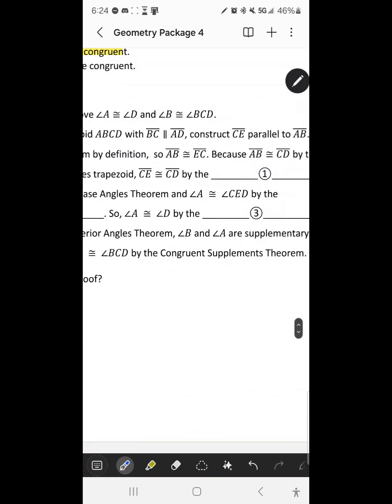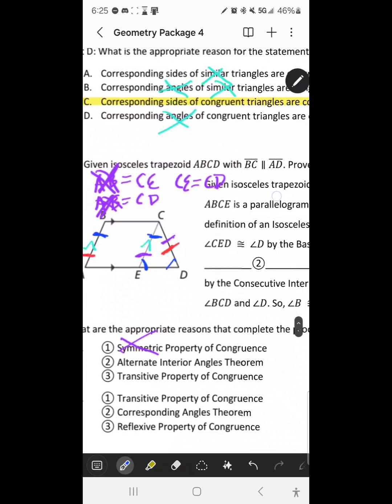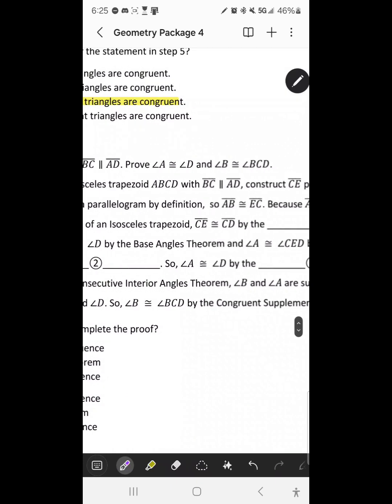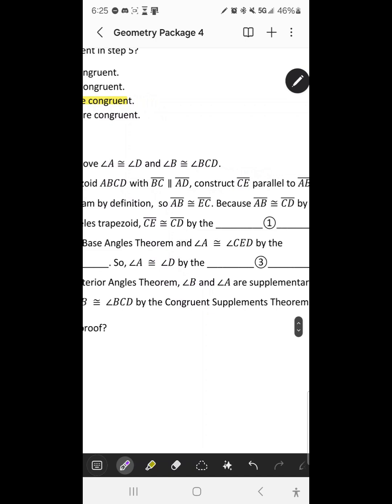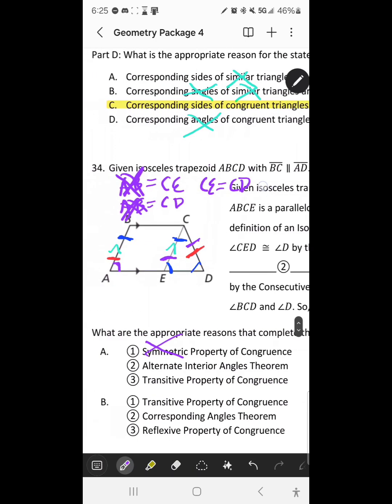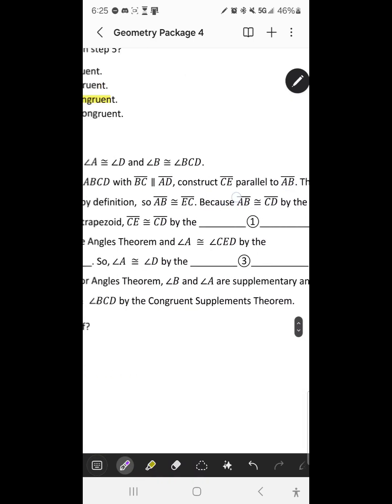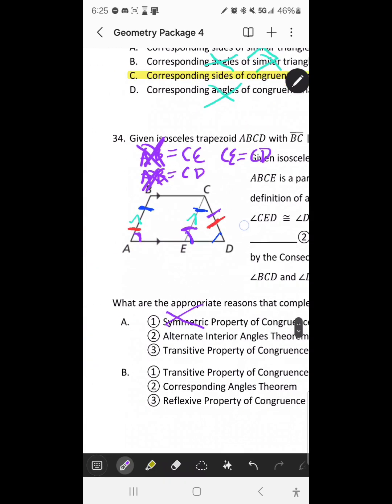And angle A is congruent to angle CED by the, okay, and we don't know.